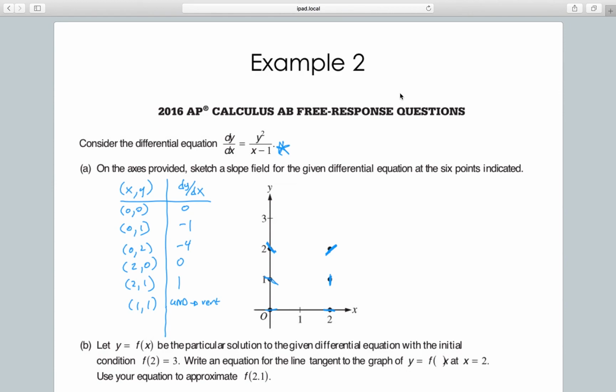The last part of this: let f be the particular solution to the given differential equation with initial condition f of 2 equals 3. Write an equation for the line tangent to the graph y equals f of x at x equals 2. Use your equation to approximate f of 2.1. All right. So for this one, remember what we need to be able to write an equation of a tangent line is a point and a slope.